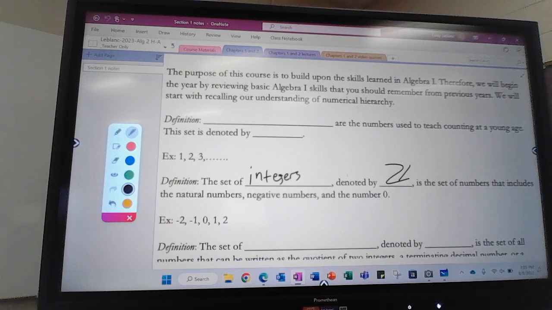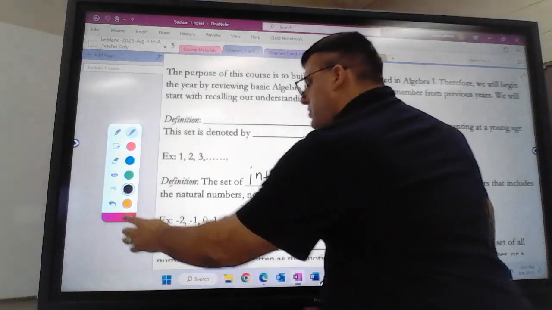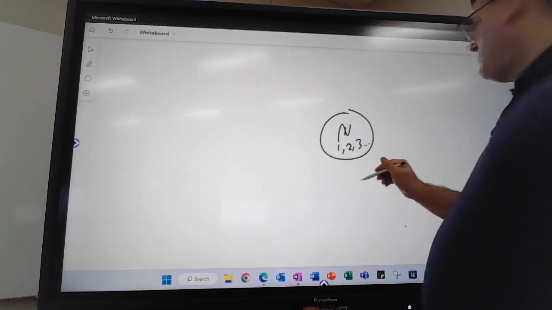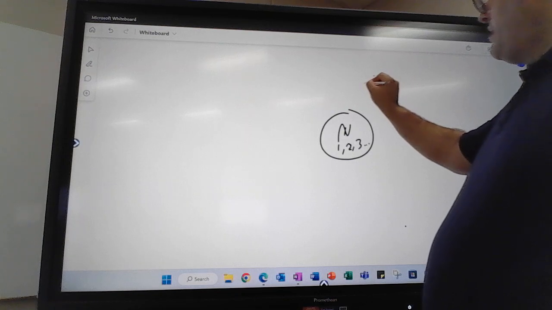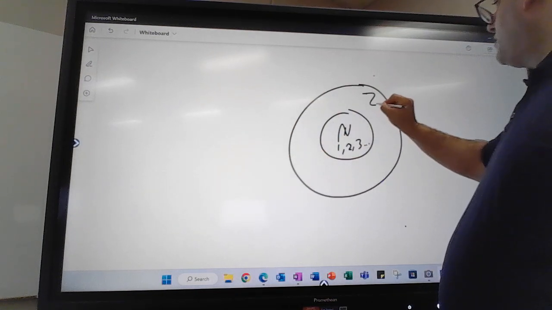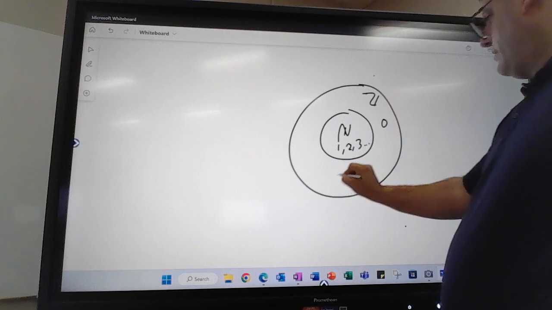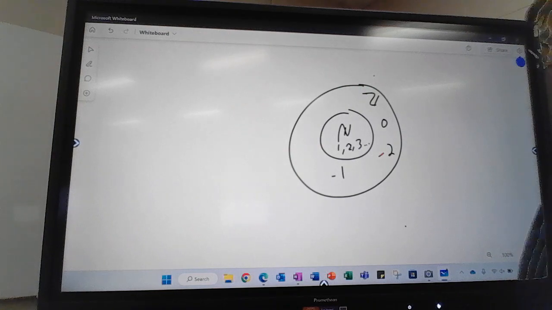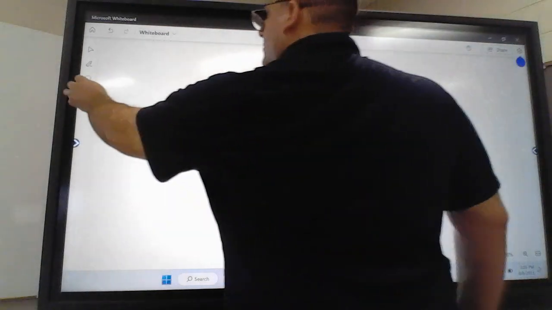So integers are numbers that include our natural numbers 1, 2, and 3, but they also include negative numbers and the number 0. So, for example, if this is my natural numbers, then this right here is my integers. So that's 0, -1, -2, and so on and so forth. Okay.